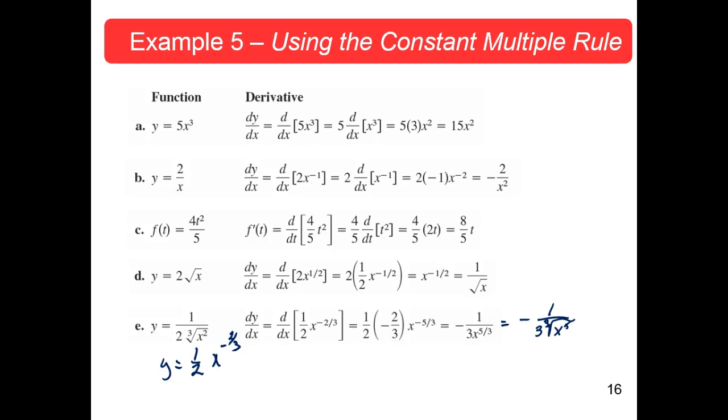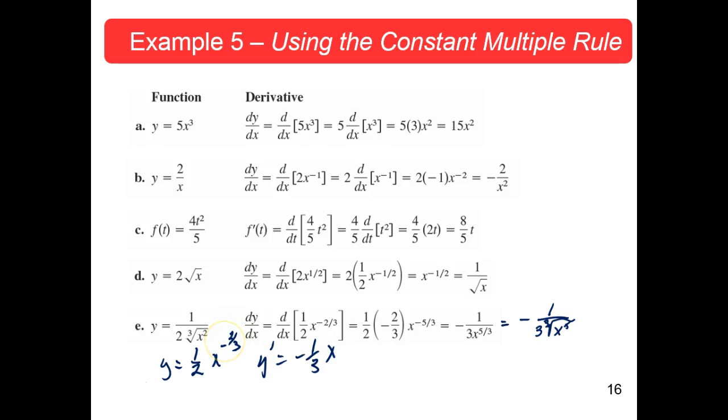Okay? And then using my modified rule, it is the constant multiple rule, but it just makes it so much easier. Exponent times coefficient. That will be a negative 2/3 times a positive 1/2. The 2's will go out. That will give you negative 1/3. Y prime would then be negative 1/3 x to the, reduce that by 1.